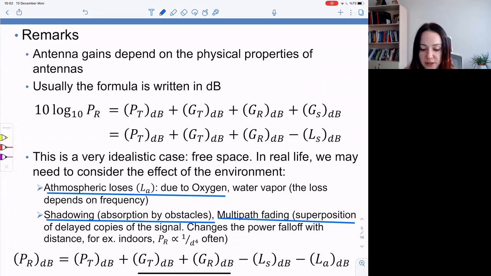So all of these things change the power fall-off with distance from being quadratic to faster. For example, in an indoor environment, the power fall-off with distance usually goes like distance to the 4th power.